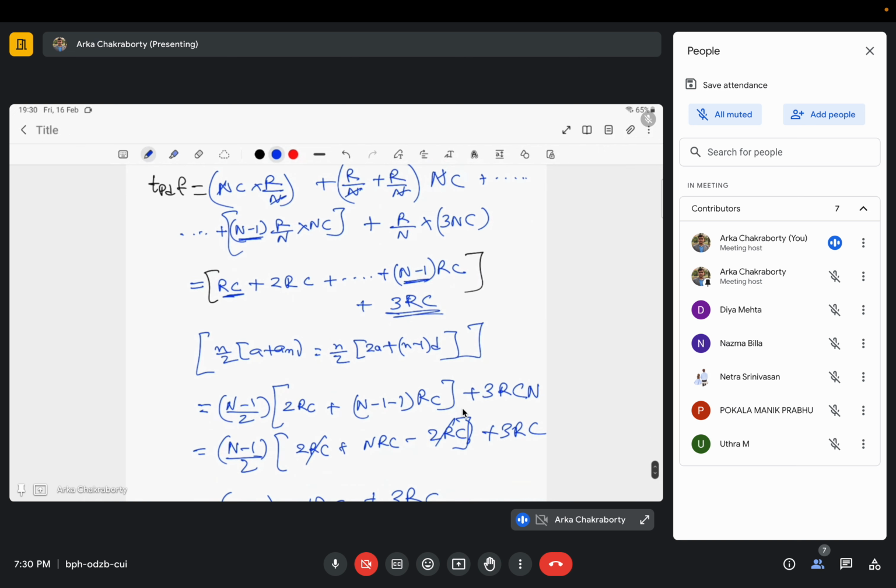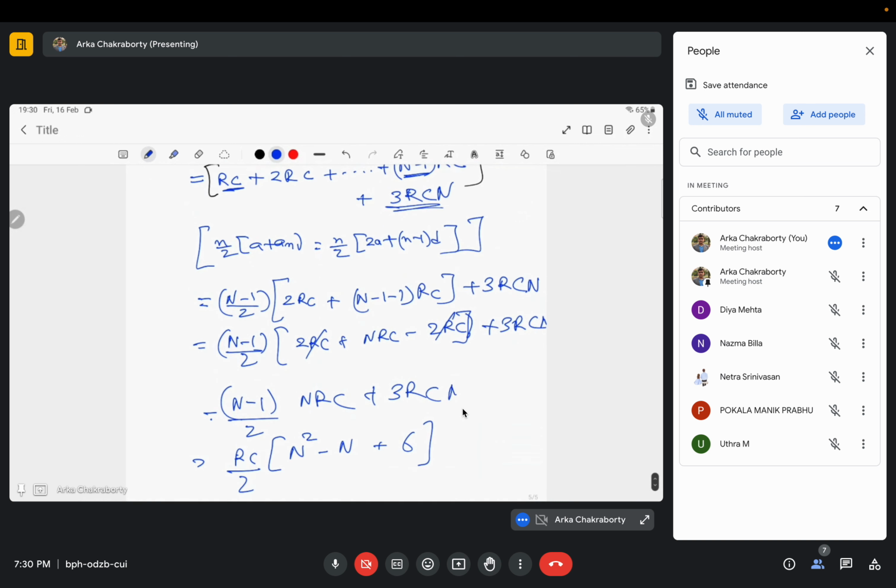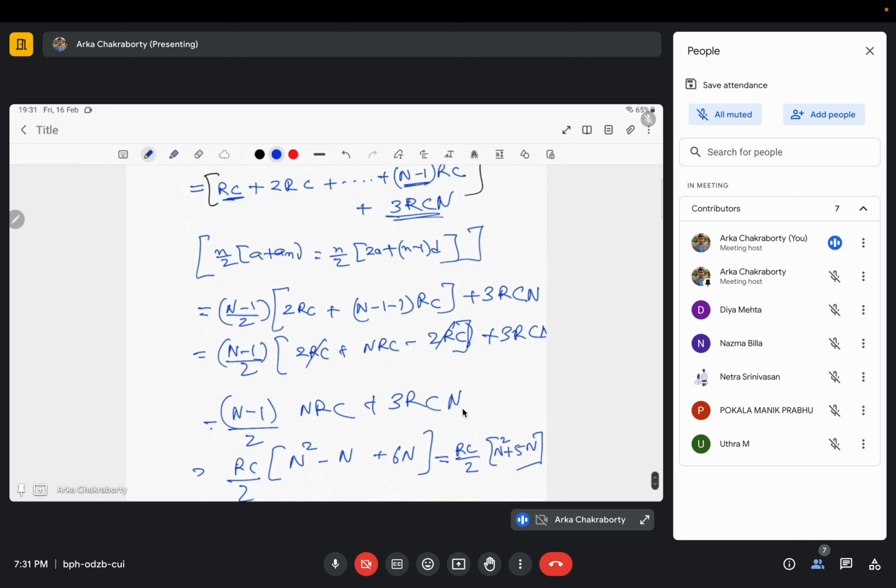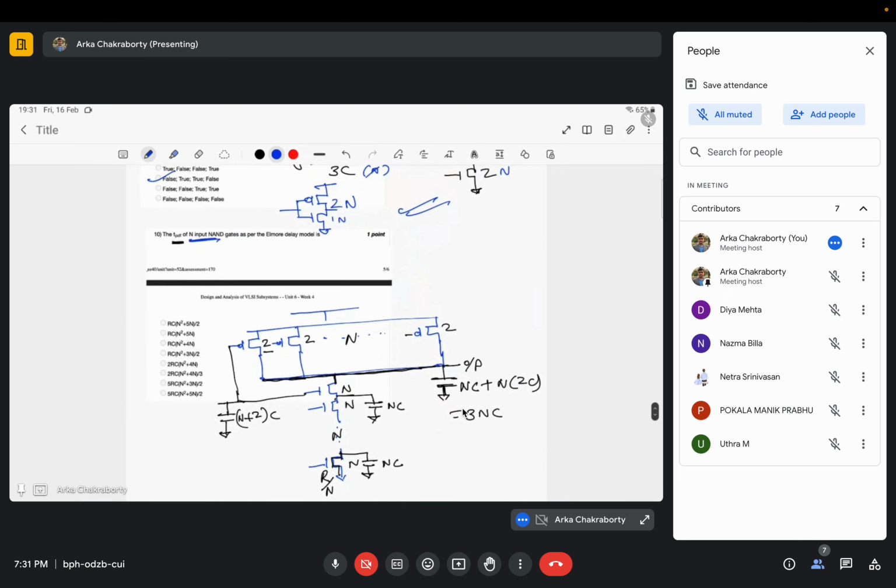Okay, so it will become 3RCN, 6RCN plus 6n, so it will become RC by 2 into n square plus 5n. Okay, the answer is RC by 2 n square plus 5n.